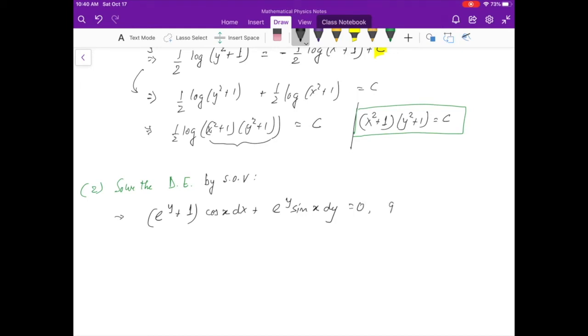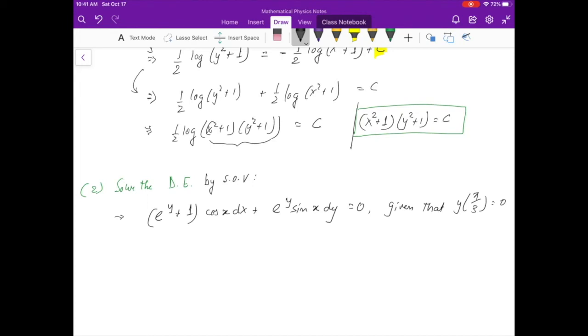Now there is a condition, a constraint which is given. It says that y of pi by 3 is equal to 0, right? So when x takes the value of pi by 3, the function y results in a value of 0. Okay, so this is the complete form of the problem.